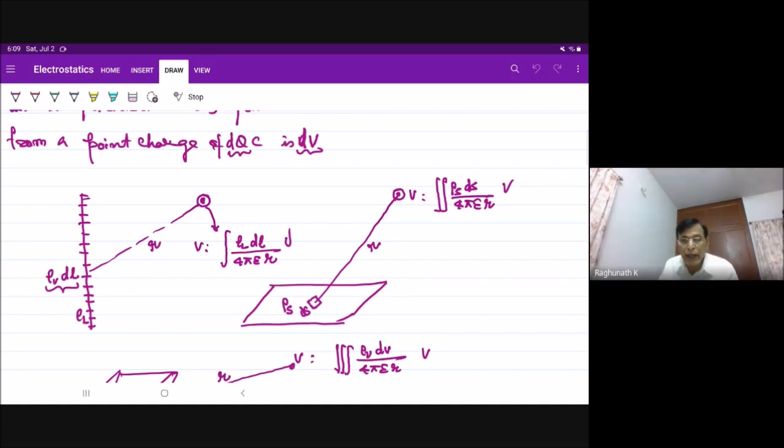Whether it is rho L dl or rho S ds or rho V dV, it is dq. dq can only produce dV. To get the total potential at a point, I have to integrate dV, which is rho L dl by 4 pi epsilon R single integral, or rho S ds by 4 pi epsilon R double integral, or rho V dV by 4 pi epsilon R triple integral. Is it clear?